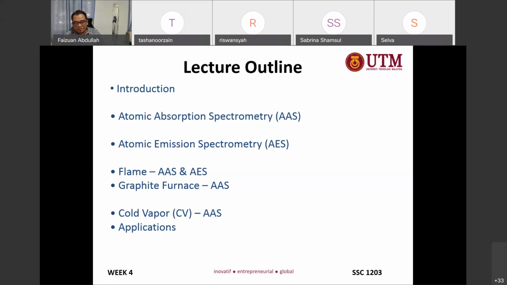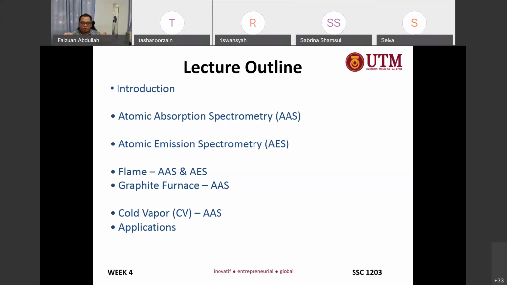For atomic emission, do we have a source of energy? Because we just measure the emission of energy from the atom, we don't have a source of energy in AES. We only have a detector. That is the difference.